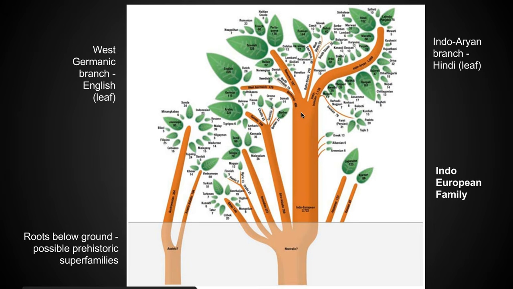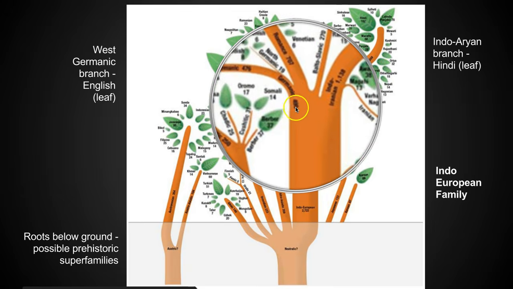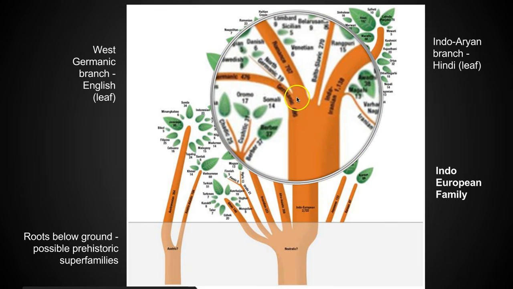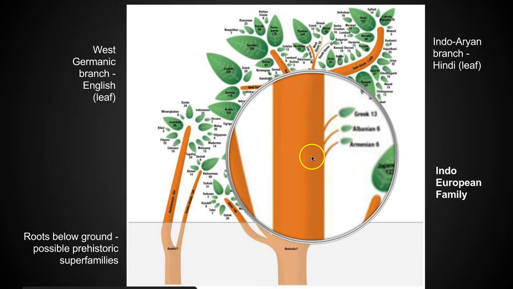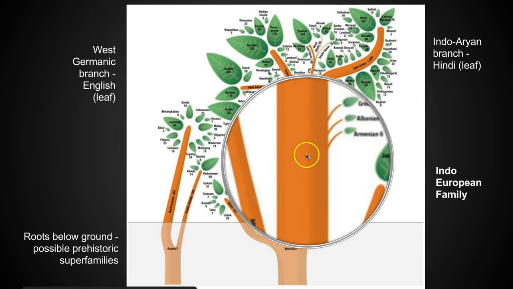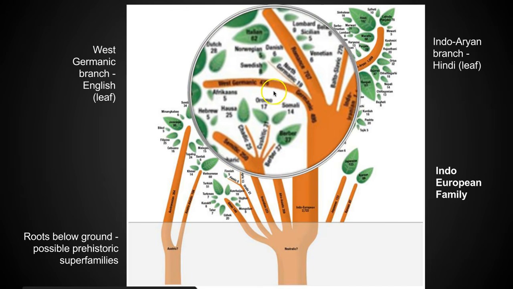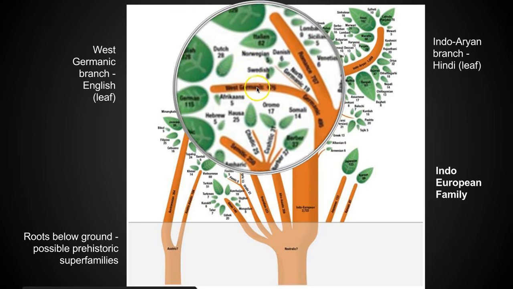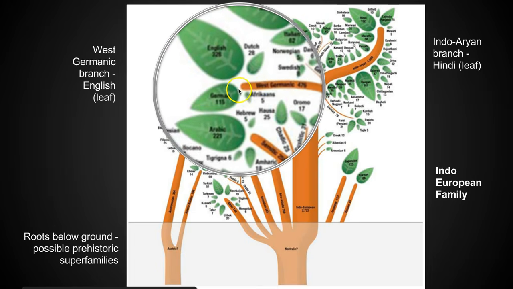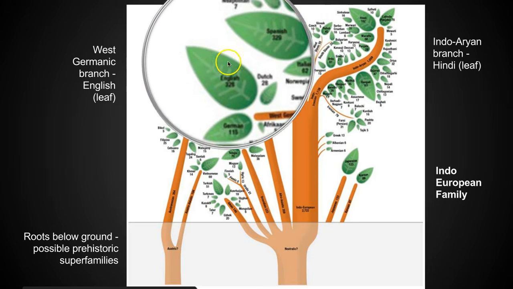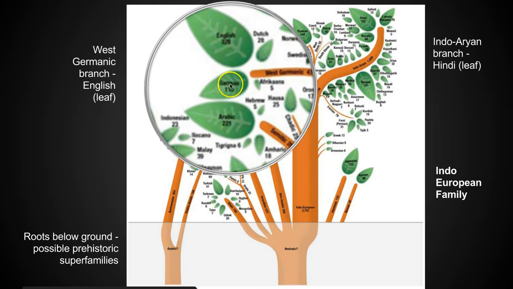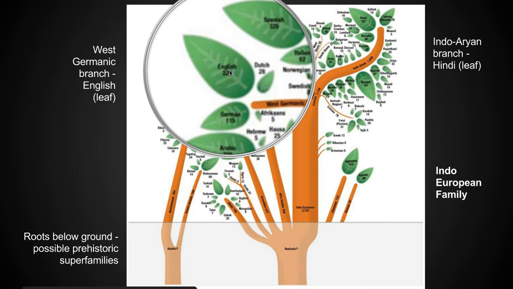As far as us, we're looking at the Indo-European language family. We're going to look at the Germanic branch. We see it branching over here. West Germanic specifically is where we find English, and there we see the English leaf here, along with German being the second most spoken.